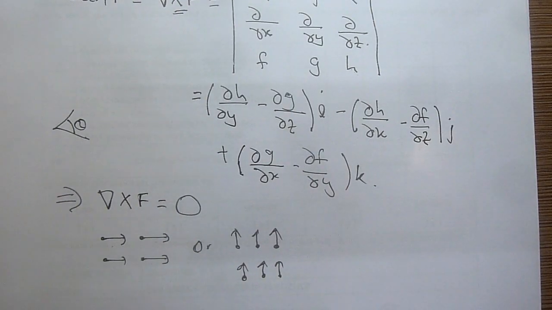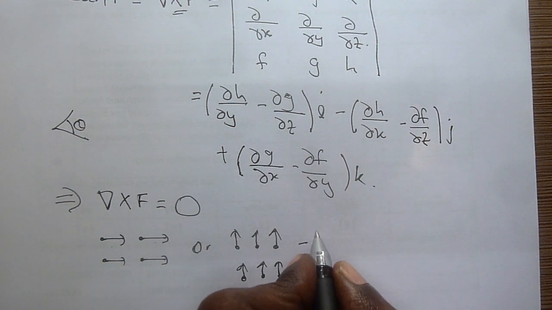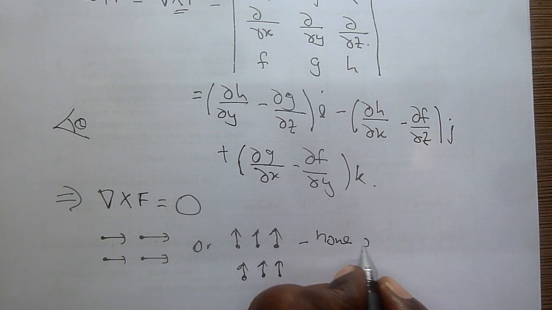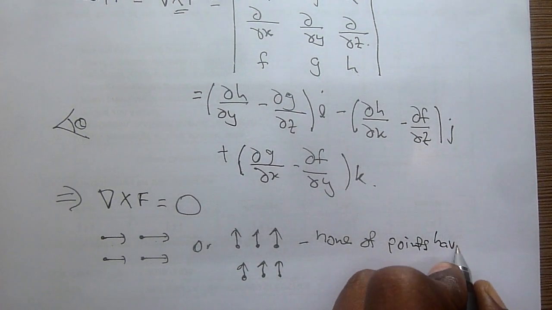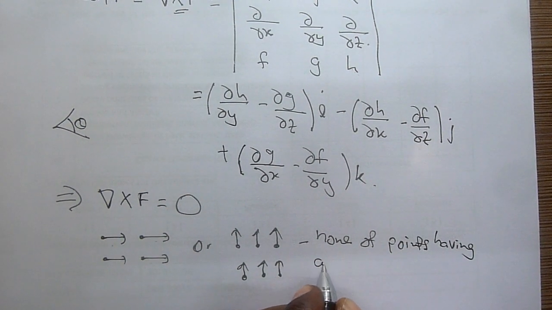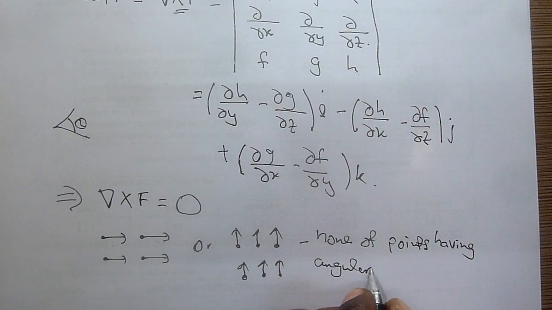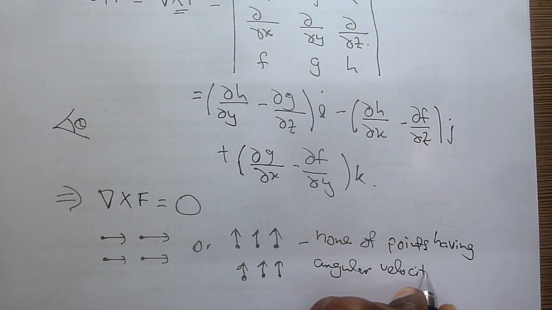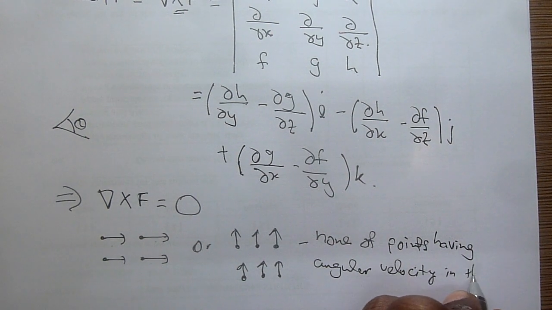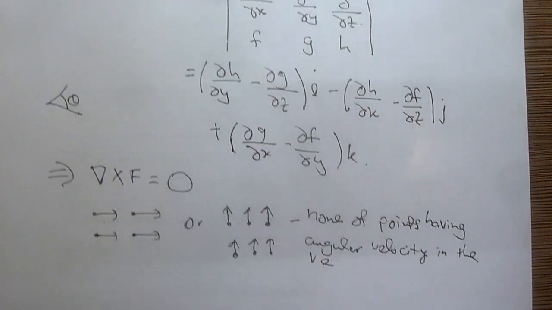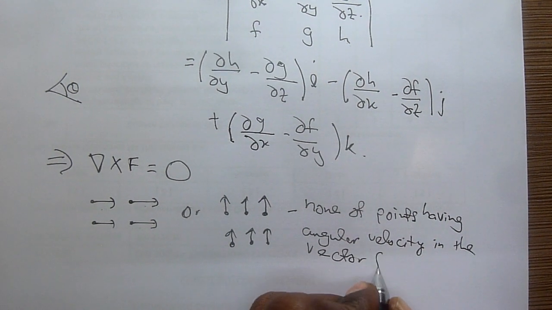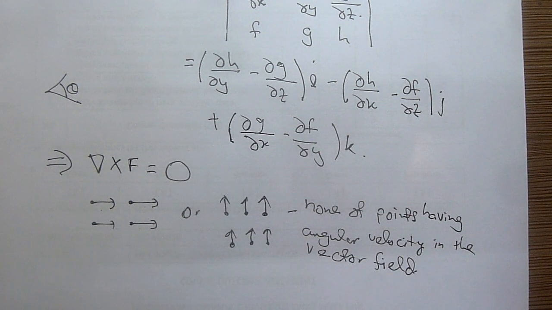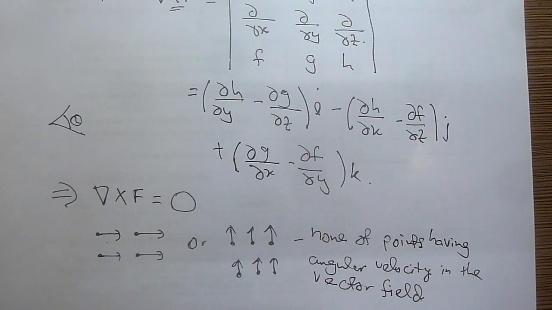Now therefore we call this none of the points having angular velocity in the vector field. And this is a very important message that I want to stress to you.